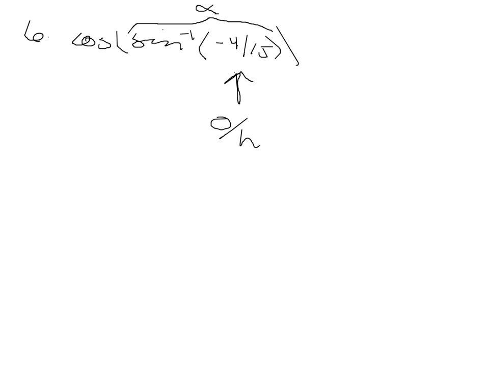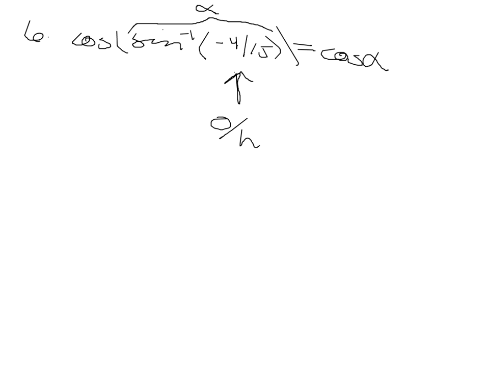Last one, cosine of inverse sine of -4/15. So remember, what goes into an inverse sine is opposite over hypotenuse, and what comes out is an angle. So this becomes cosine alpha.